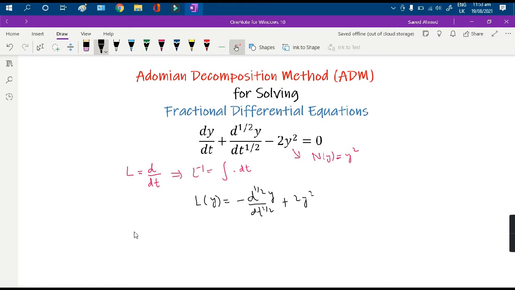Since L inverse and L cancel each other, I am left with y only on the left-hand side. On the right-hand side, since this is an integral operator, applying it will generate some constant, call it c, minus L inverse of the half derivative of y with respect to t, and then 2 times L inverse of y².